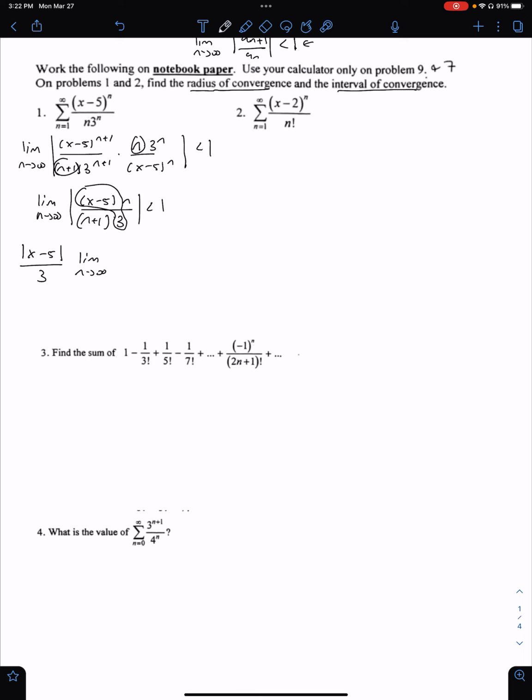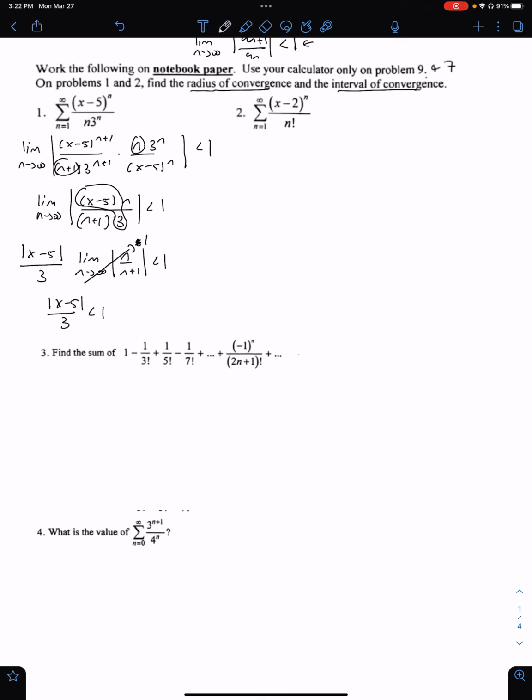We don't have to put the 3 in the absolute value because 3 is already positive. And we put n over n plus 1 is less than 1. Our limit as n goes to infinity of this is just 1. So what we're left with is the absolute value of x minus 5 over 3 is less than 1.